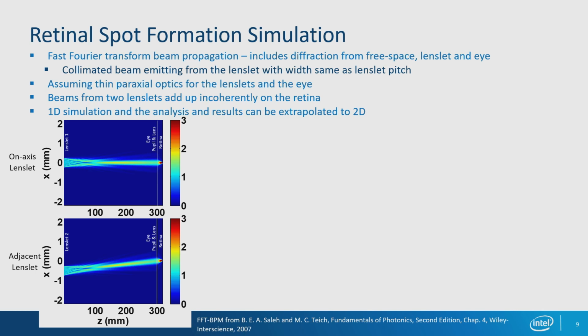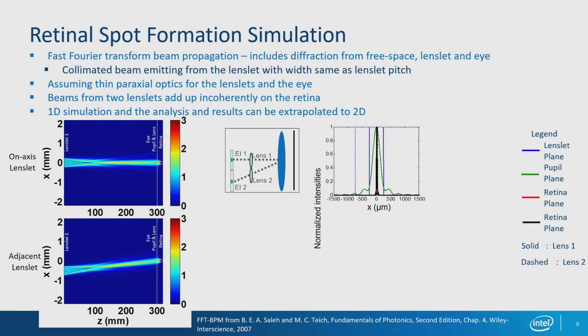Here's an adjacent lens which sends light off at a different angle, and then the same thing happens. So here's a simple schematic: if I take two rays from lens 1 and lens 2 and plot their spot sizes at different planes. So these are the different planes, and then look at these spot sizes.